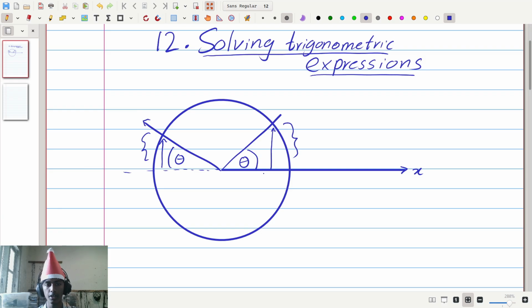Well, you can see to get to that direction, we could go a full 180 degrees and then go theta degrees in the reverse direction. So that means we go a positive 180 degrees or pi radians and then a negative direction distance of theta.